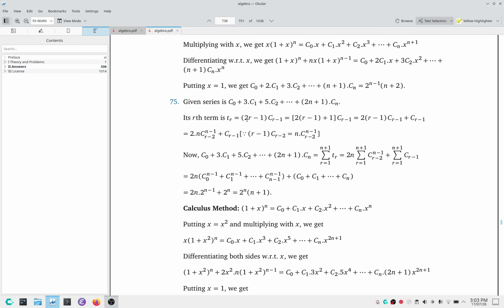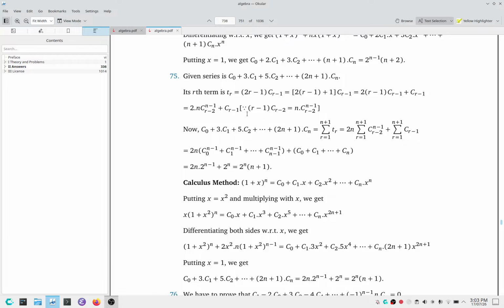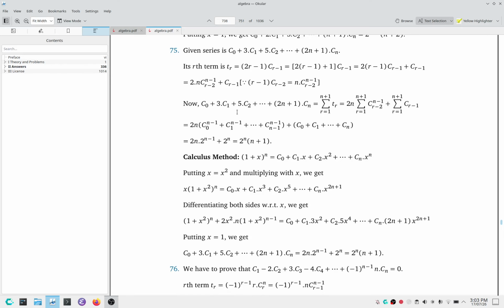So TR is (2r minus 1) C(r minus 1), that is (2 times (r minus 1) plus 1) C(r minus 1), which is equal to 2 times (r minus 1) C(r minus 1) plus C(r minus 1), which is equal to 2 times n times C(n minus 1, r minus 2) plus C(r minus 1), because (r minus 1) C(r minus 1) is equal to n times C(n minus 1, r minus 2). So we take the sum where r is equal to 1 to n plus 1, sigma TR, and we do the summation, we get this as the result.